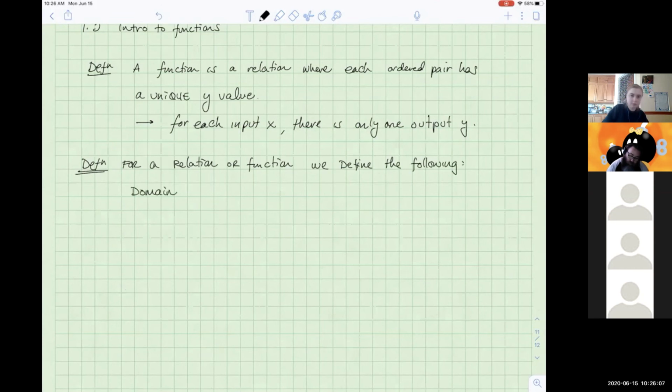The domain. This is the collection of all x values or inputs. And they don't actually have to be x values. Sometimes we use different letters like t or something like that. So maybe it's more appropriate that we call it the collection of all inputs.